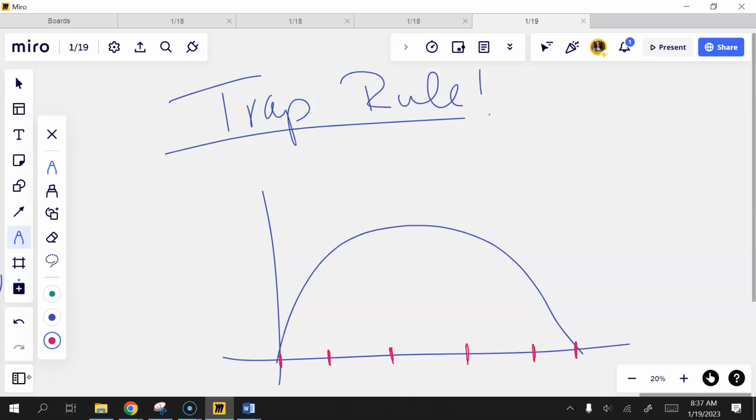Now, instead of doing rectangles, I'm going to take each endpoint, connect them, and make a trapezoid out of them. It's a little more accurate estimation of the area under the curve.